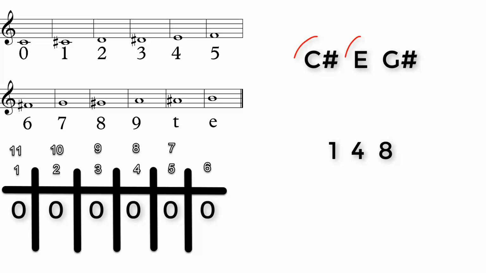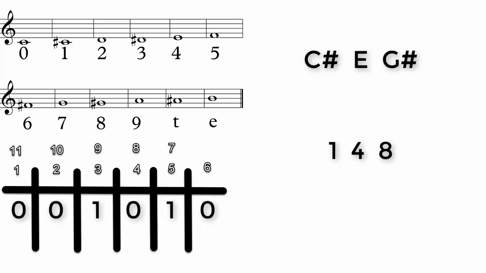So, C-sharp to E, well, what interval type is that? That's a minor third. So that's a number 3 as far as our interval types that we looked at in the beginning of the video. Then C-sharp to G-sharp, the 1 to 8, really, is a perfect fifth, which counts for a 5, so let's add 1 to the 5 column.